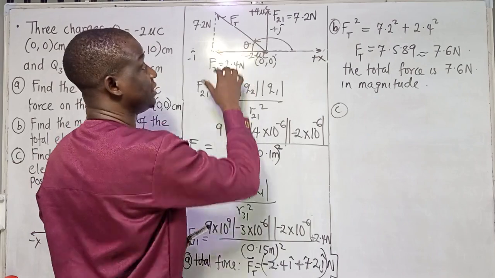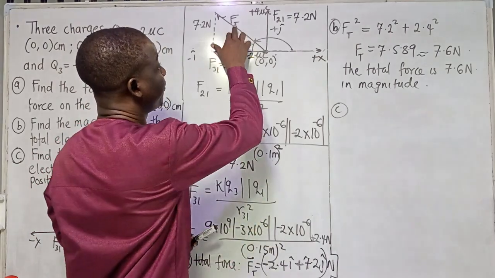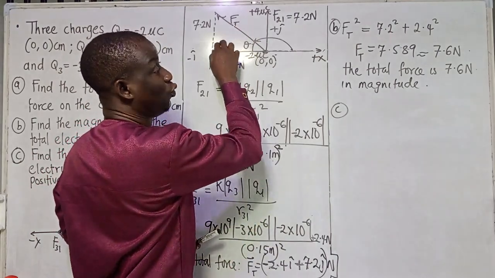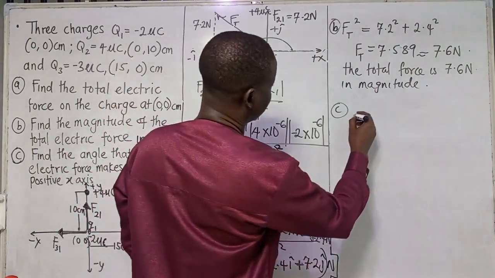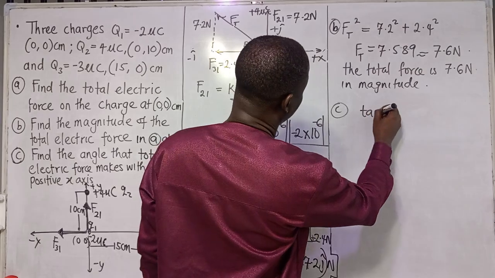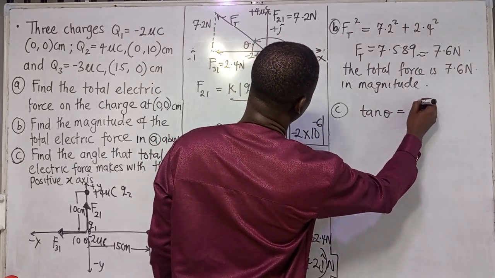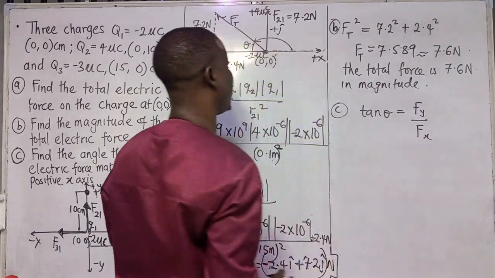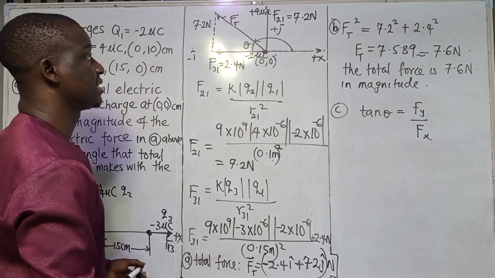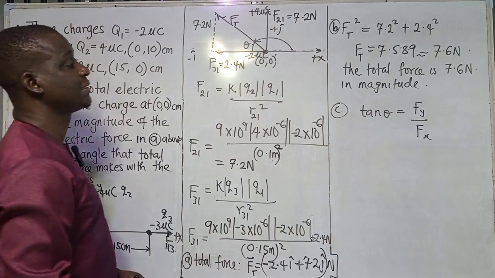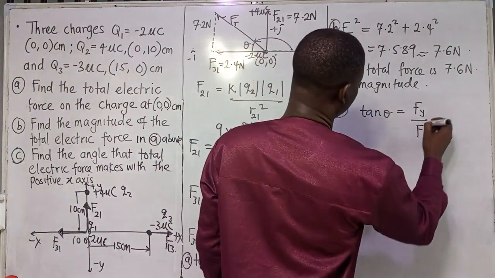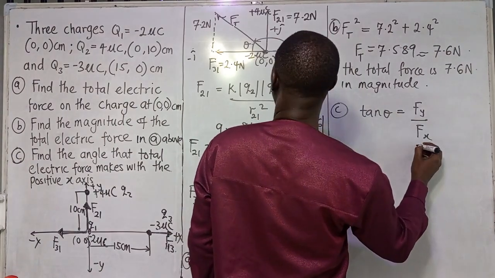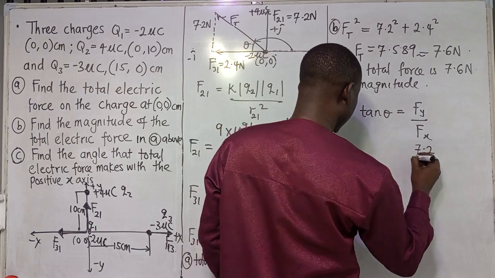It's in the second quadrant. So the total force falls into the second quadrant. And that will give us tan theta equal to force along the y over force along the x. That is the formula we use to find direction. Our y is 7.2.